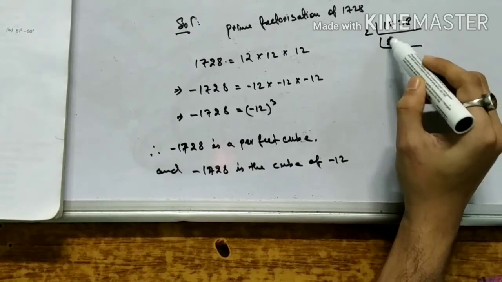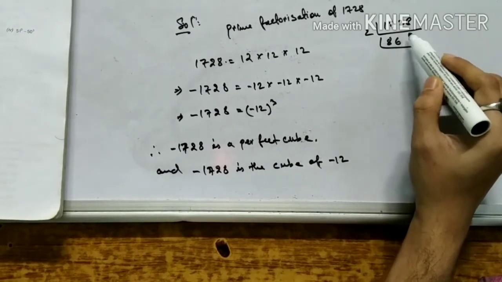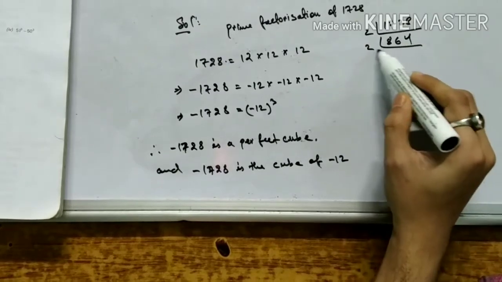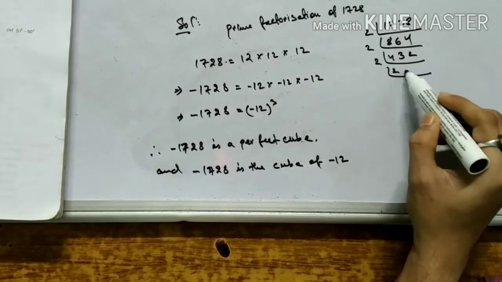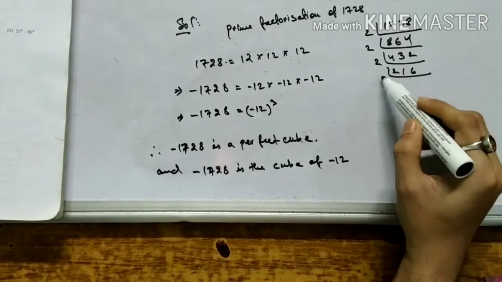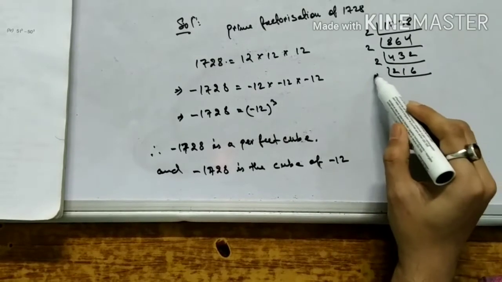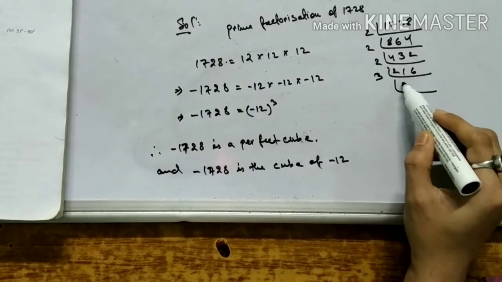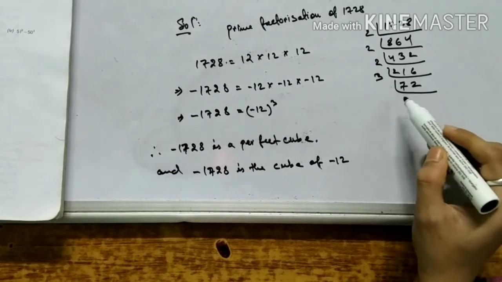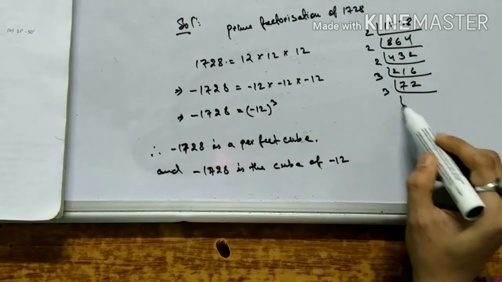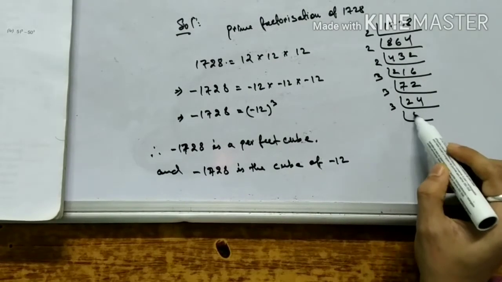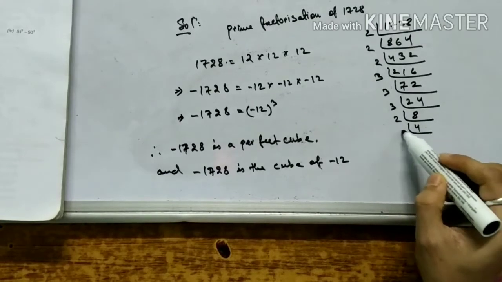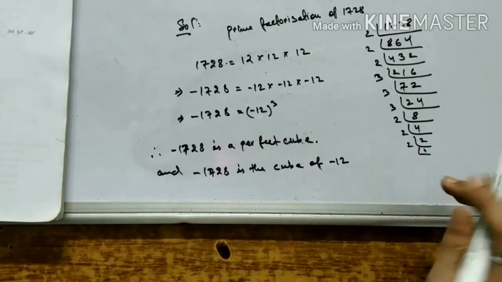This one I will get 2 8 is 16, 2 6 is 12, 2 4 is 8, 2 4 is 8, 2 3 is 6, 2 2 is 4, 2 2 is 4, 2 1 is 2, 2 6 is 12. This one again 3, 3 7 is 21, 3 2 is 6, 3, 3 2 is 6, 3 4 is 12, 3 8, 2 4, 2 2 2 1.